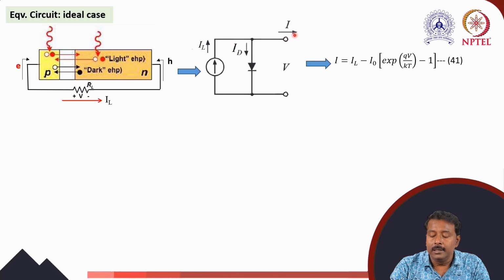The net current I will be IL minus ID, and the terminal voltage is V. If you consider the diode current direction as the reference positive direction, then IL will be negative of that. But here we have considered IL positive and the diode current opposite to that, that is, the negative sign appears in the diode current part.